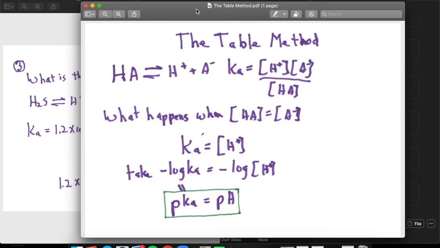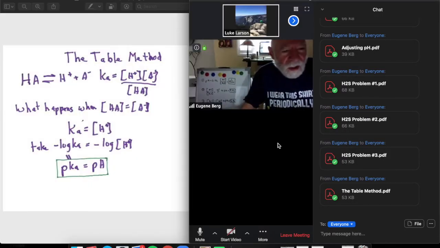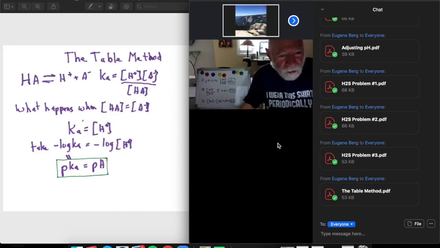Okay, so here's how the table method works. In general, when you have a weak acid, here is the mass action expression. So the constant is equal to products over reactants. Now, what happens when the concentration of the acid is equal to the concentration of the conjugate base?